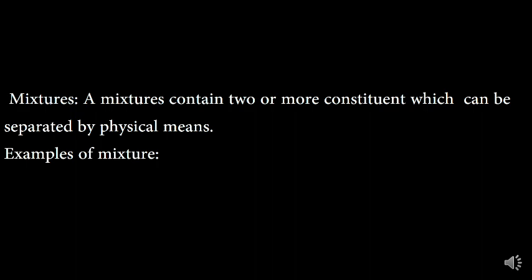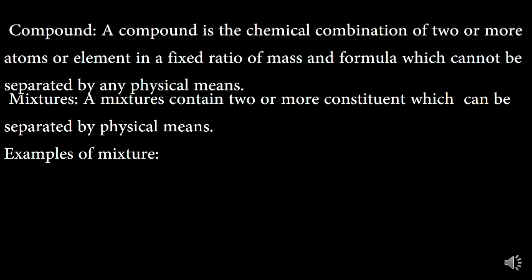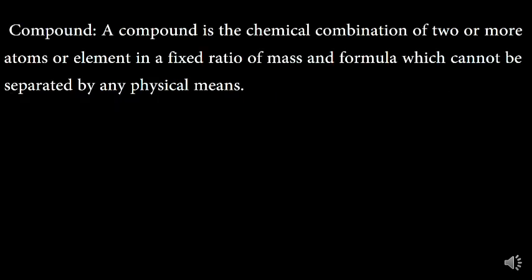The next one on my list is compound. A compound is a chemical combination of two or more atoms or elements. There is a difference between an atom and an element, and that discussion will be made known to you later, in a fixed ratio of mass and formula, which cannot be separated by any physical means.